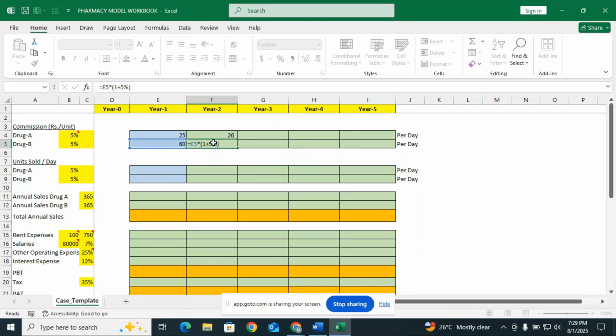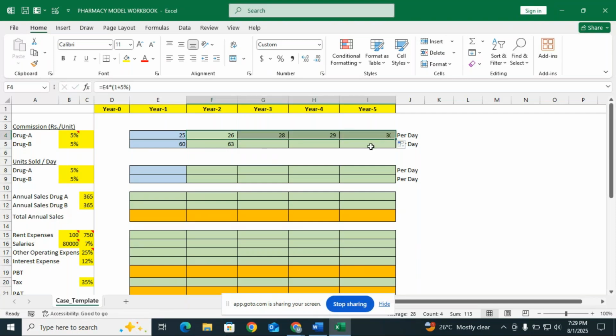Yeah. So it should be around 63. So this you will take up for all the years now. Okay. Same thing with the units sold. How many units have been sold per day of drug A? Here also we need to calculate the increase of value. So both will be applicable, not only for the units but also for the price.